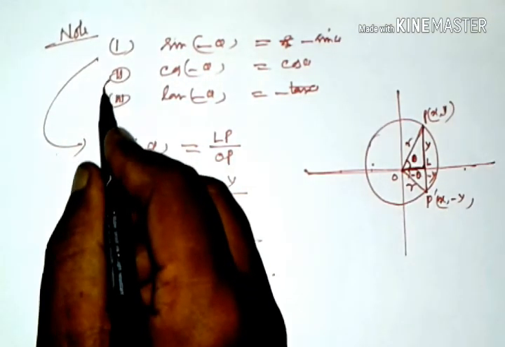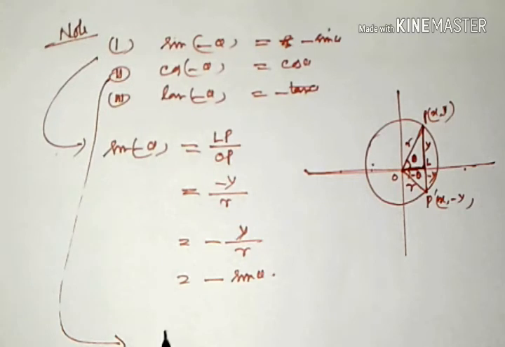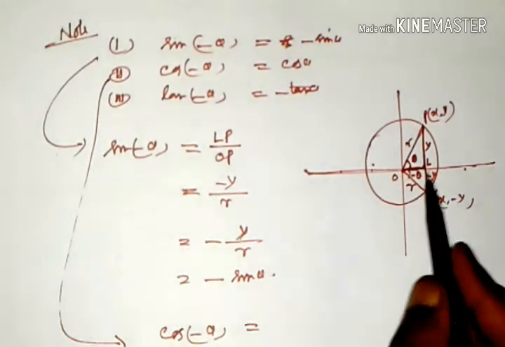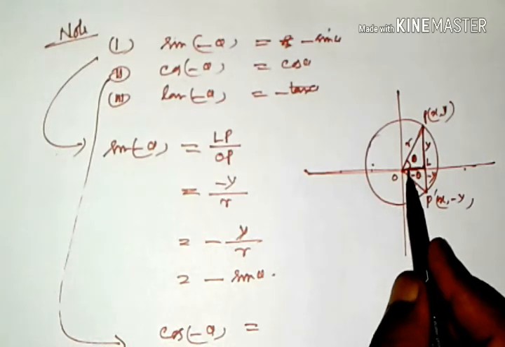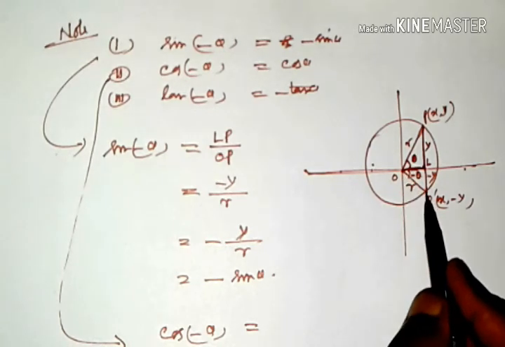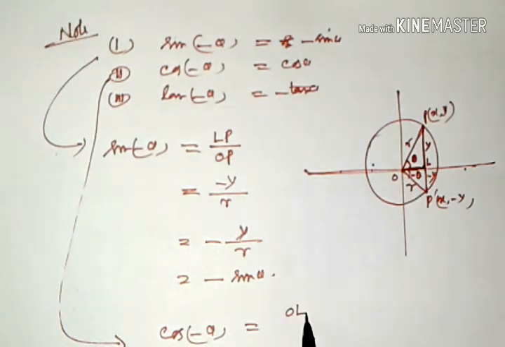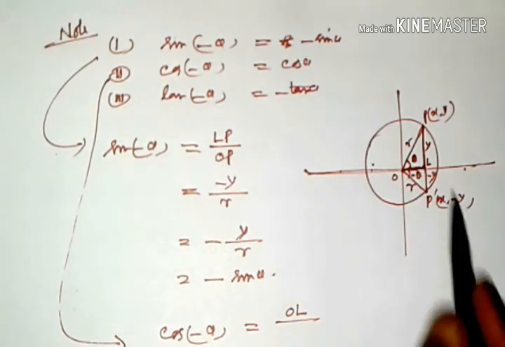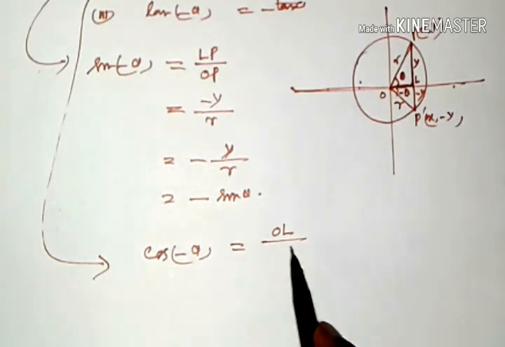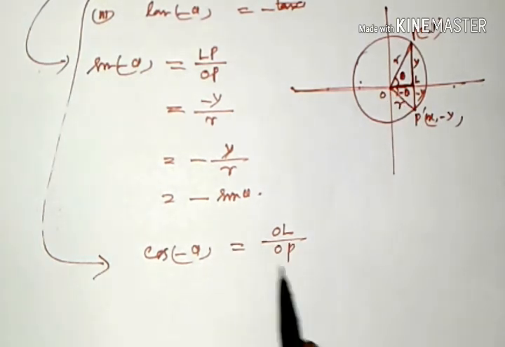Similarly, cos minus theta is base by hypotenuse. From this angle, the base is OL and the hypotenuse is OP'.